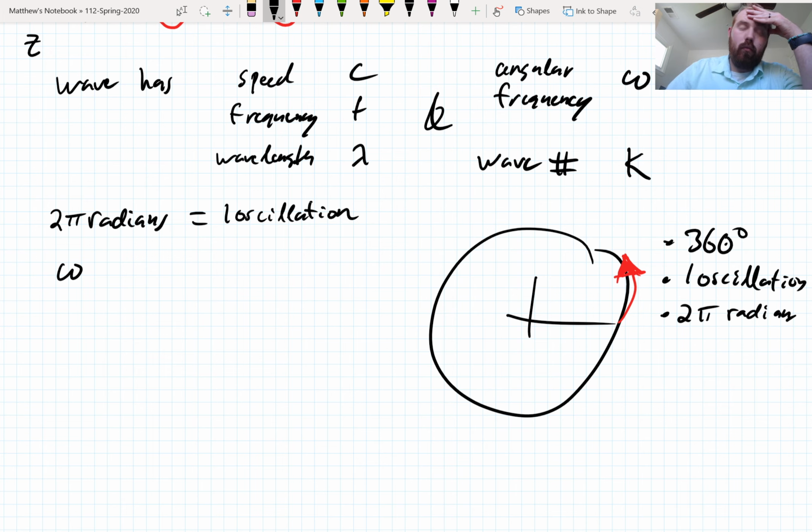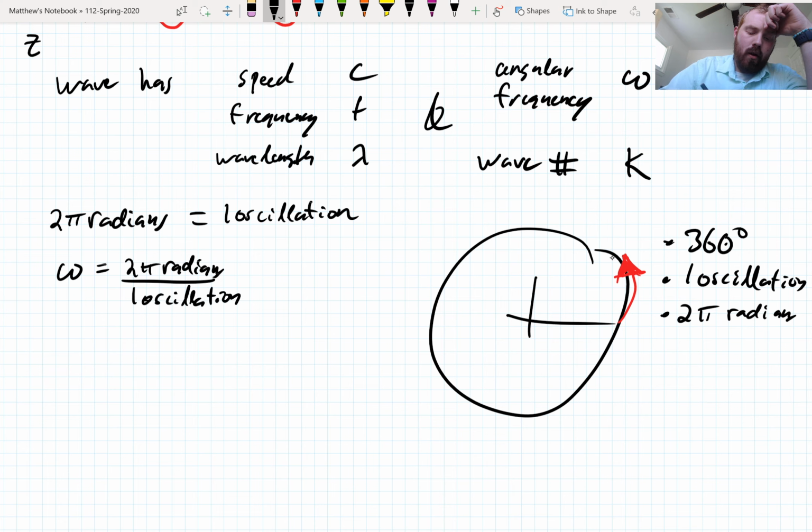So I can relate the angular frequency to the regular frequency by basically a unit conversion: 2 pi radians in 1 oscillation times f. Omega is 2 pi f.